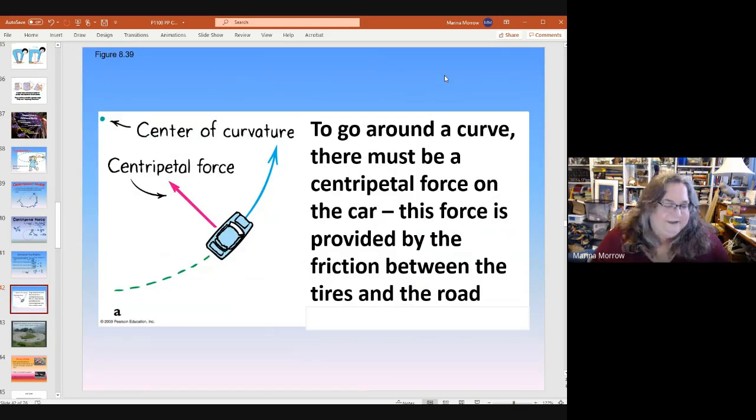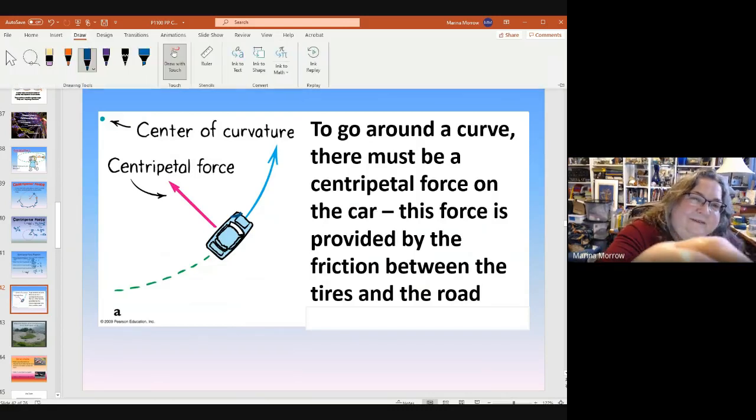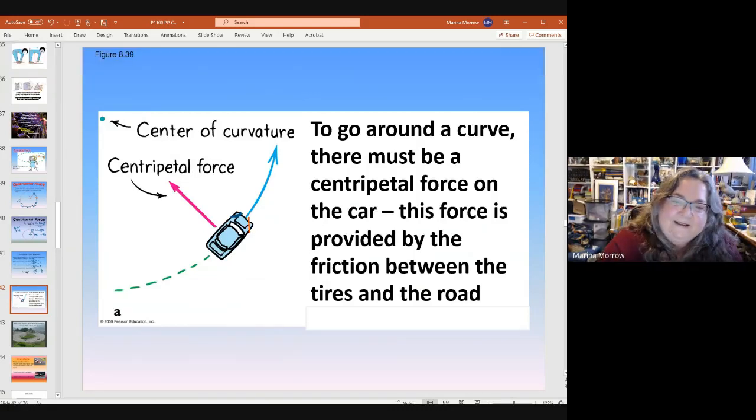And where does that force come from? Well, when you're driving, when you turn your steering wheel, your tires basically are rotating. You push them over, and you don't think of it, but they're kind of hitting the road. So your tires, as you turn to follow the road, basically your car hits the tires, and is bouncing towards the center.